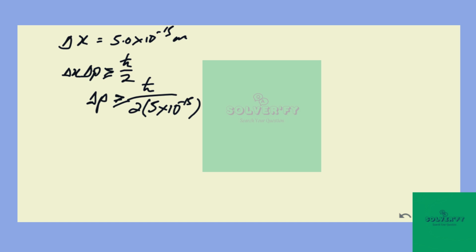This should give us approximately 1.1 times 10 to the power minus 20 in SI units, and we are asked to approximate this to be the momentum of the electron.